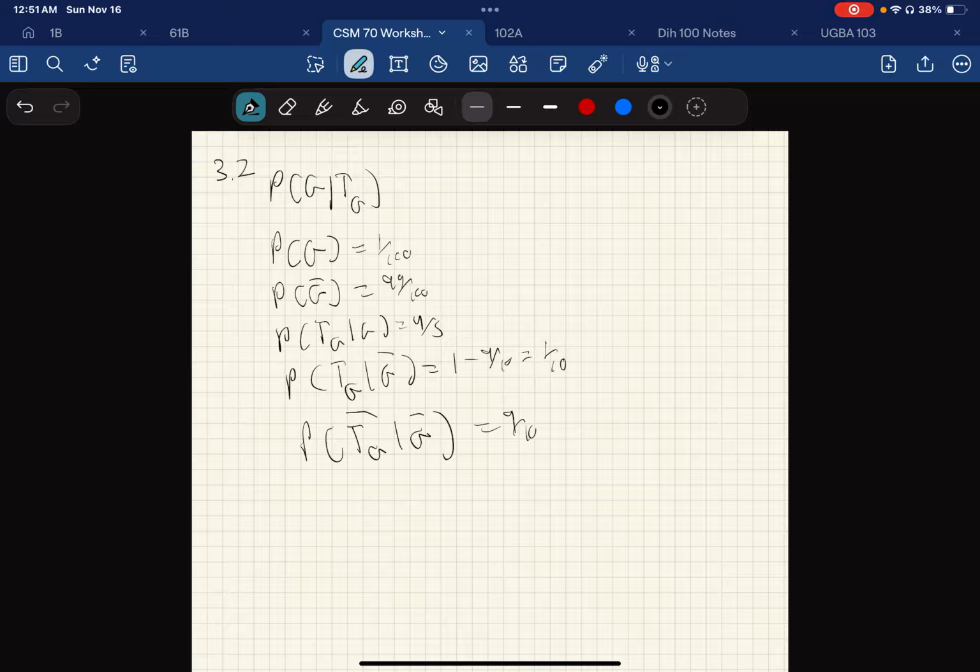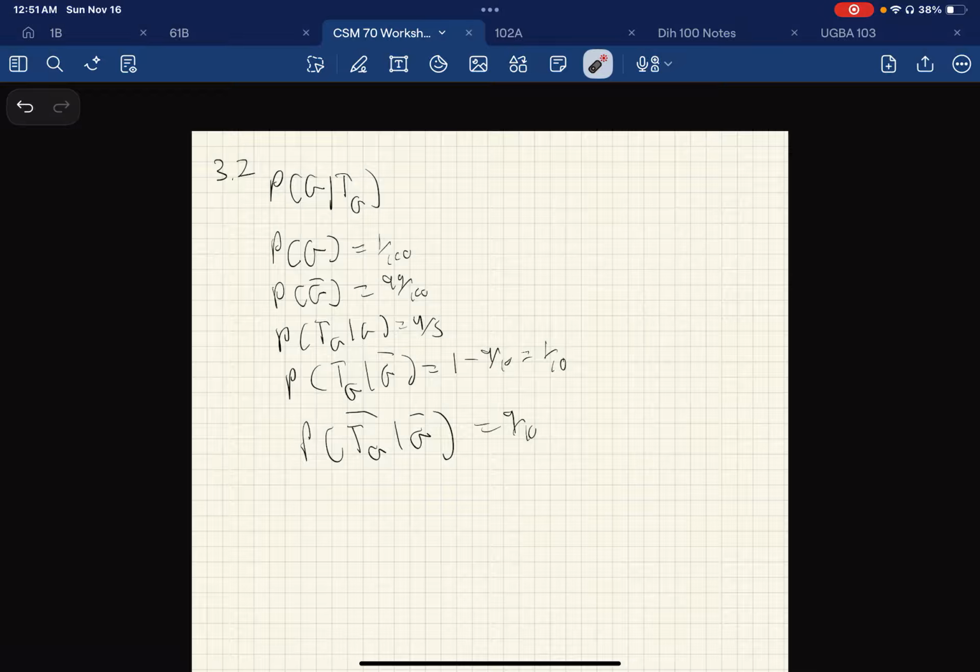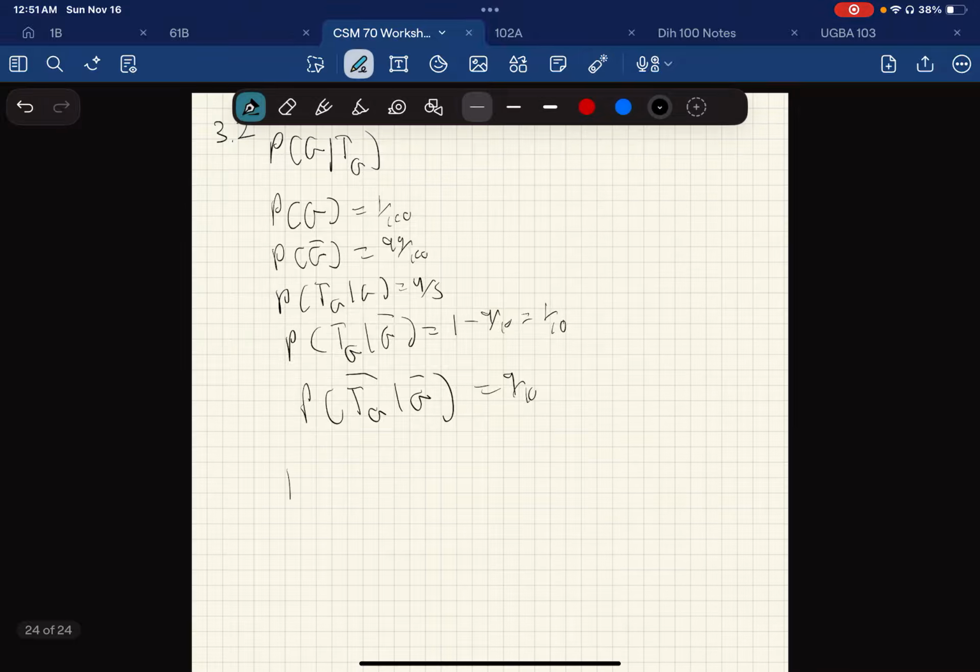Taking the complement of that, as we do over here, yields the probability of 1/10. So with that done, now let's get back to the problem of finding the probability that someone is guilty given that the test reads guilty.